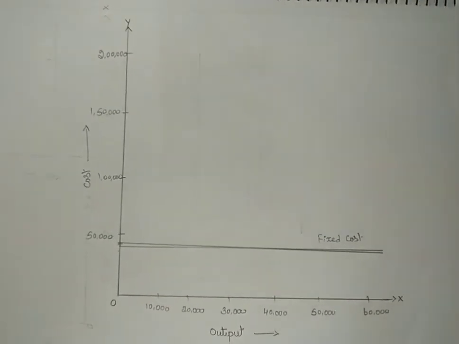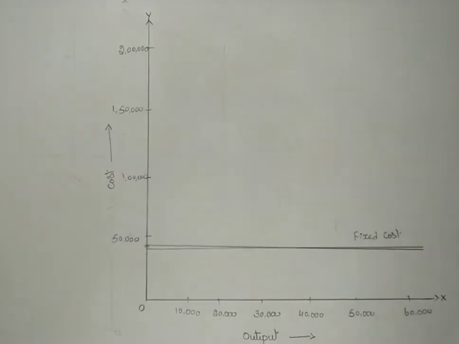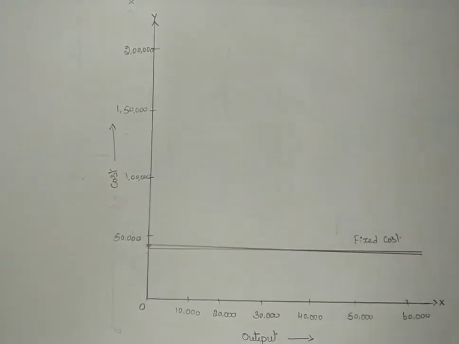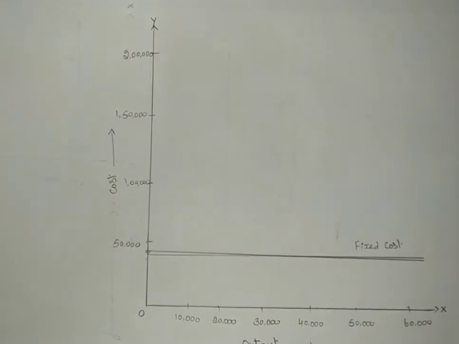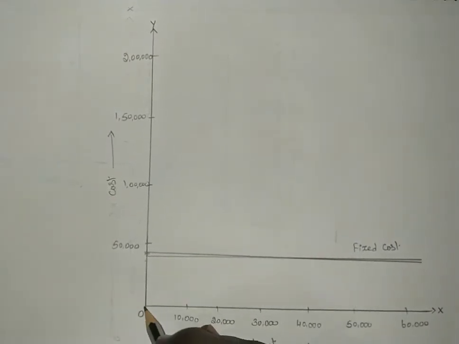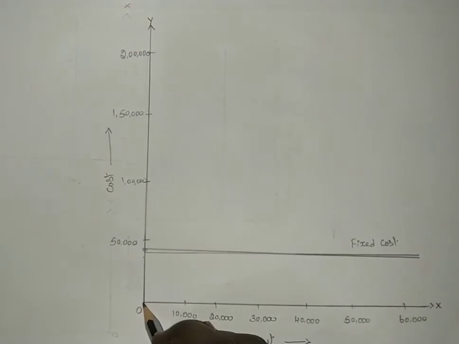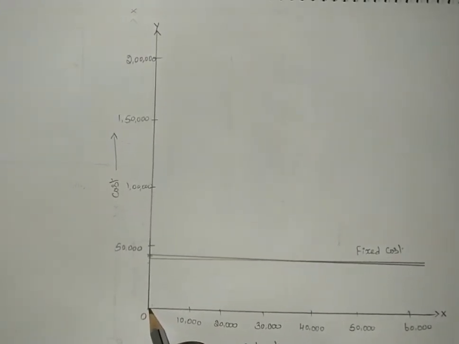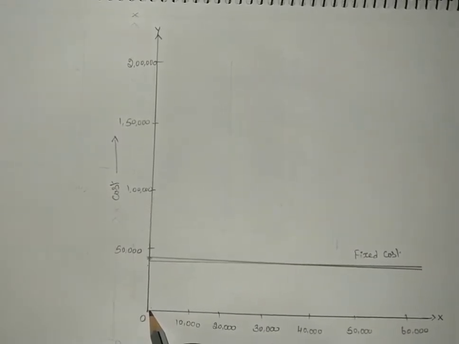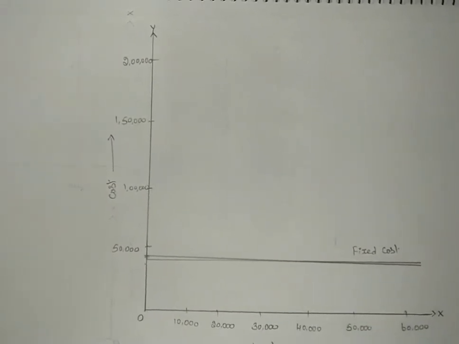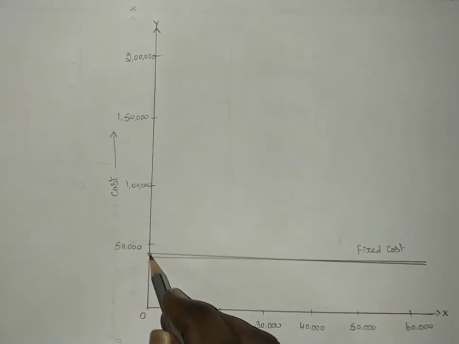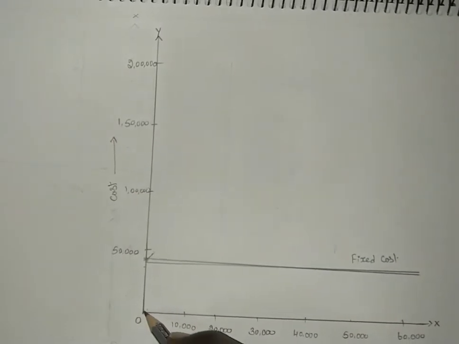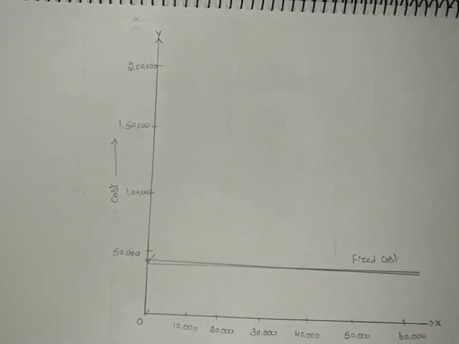Once the fixed cost has been drawn, we take the total sales revenue. The total sales revenue line is drawn from the point where there are 0 units and 0 value. From here we take the total sales curve, and the total cost curve will start from the fixed cost.